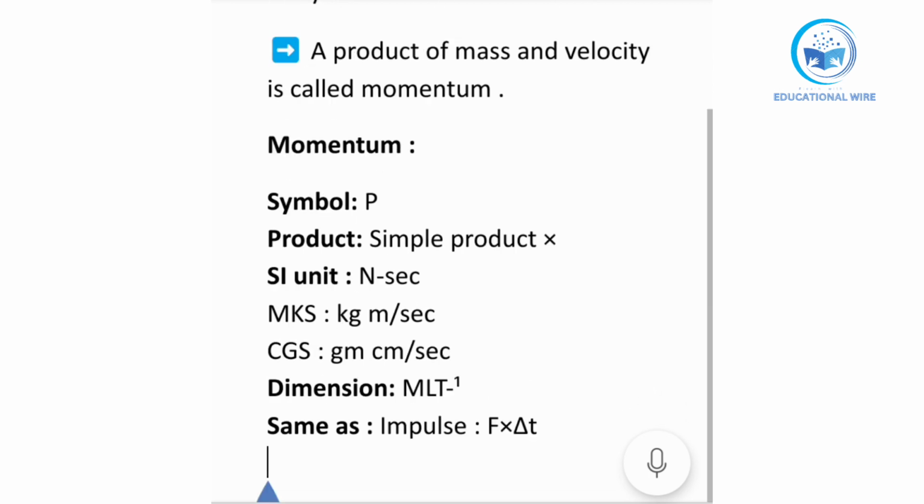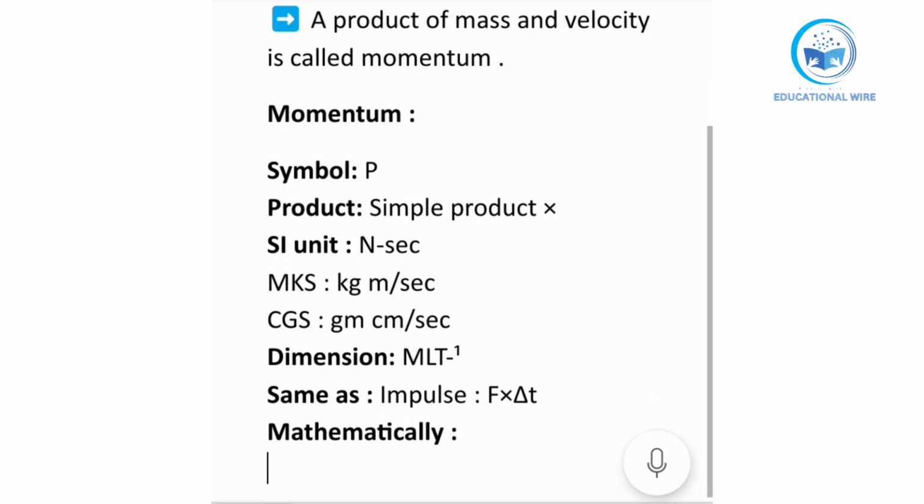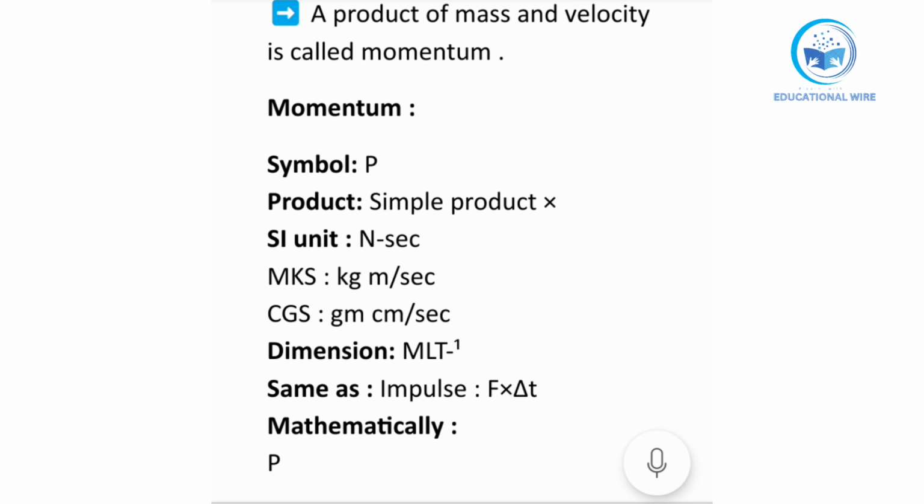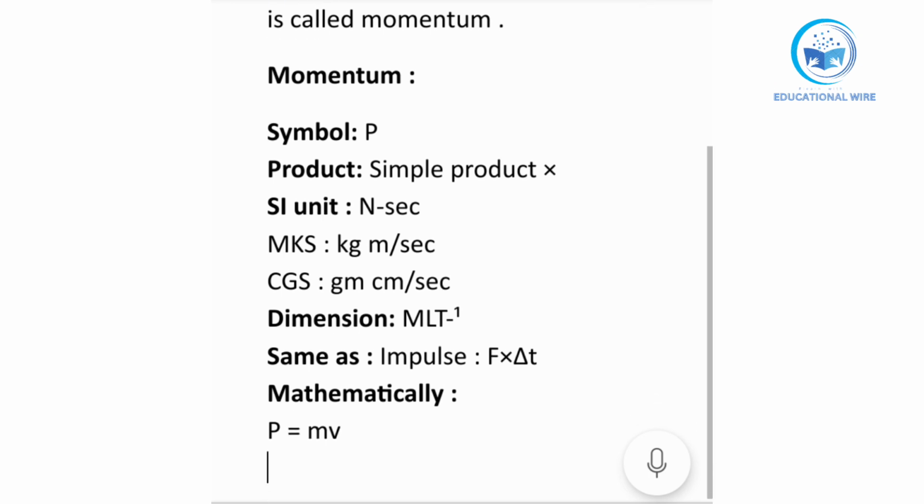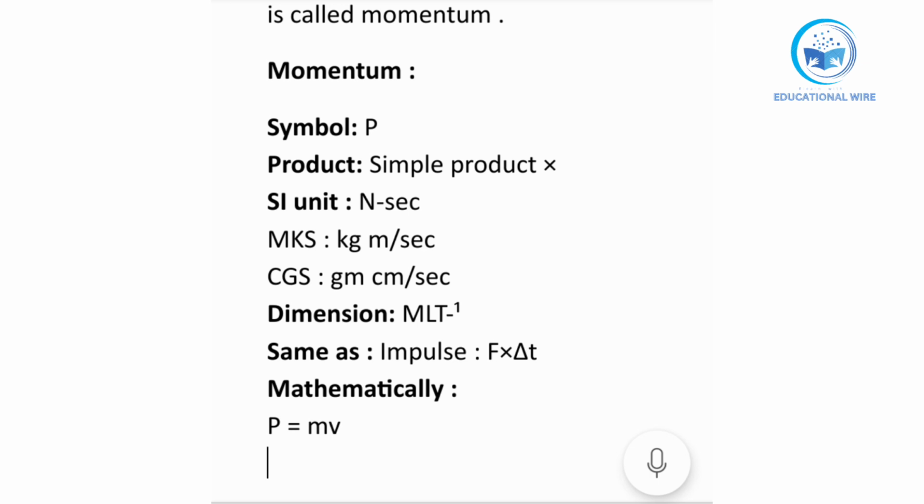We should also explain it mathematically. So mathematically we'll take that P is equal to mv. P is equal to mv. We know this is the formula of momentum. Now we are taking out its SI unit. In MKS, m is equal to kilogram, velocity is equal to meter per second.